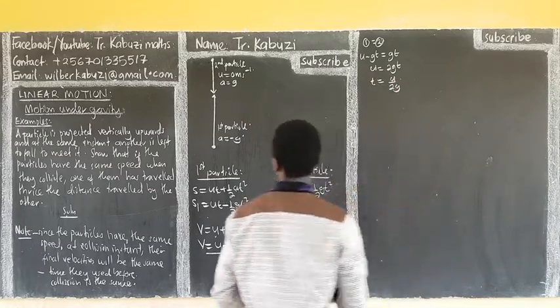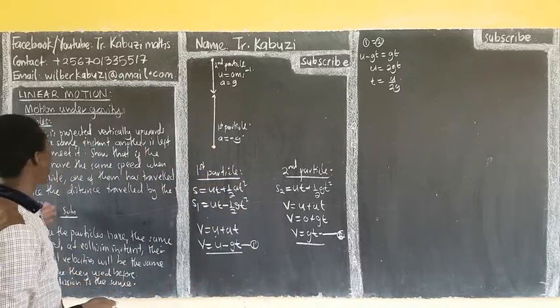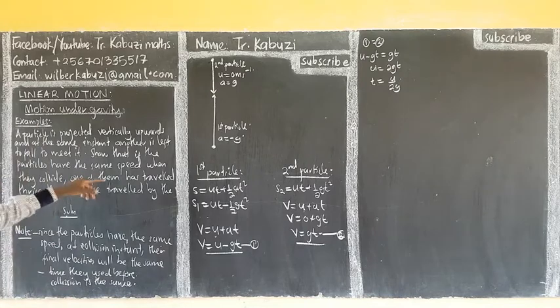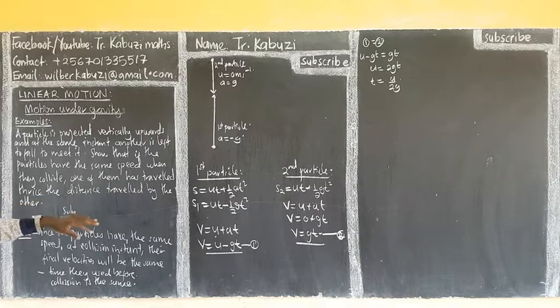Now if I have this time, I can show what they want to show: that if the particles have the same speed when they meet, one of them has traveled 3 times the distance traveled by the other.